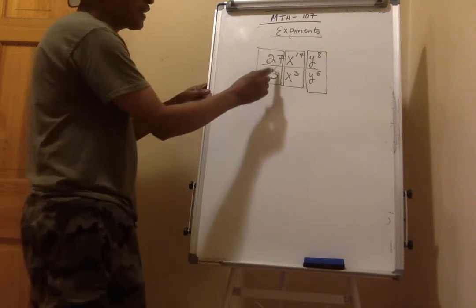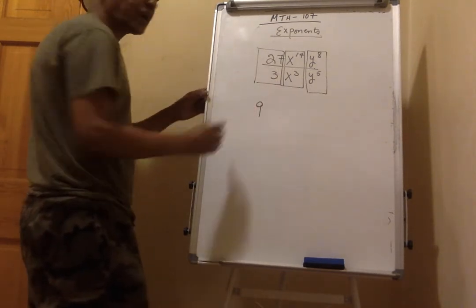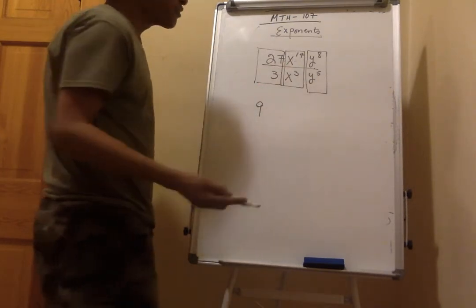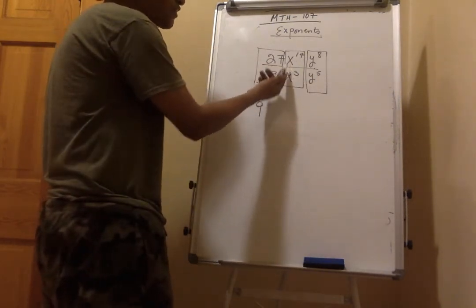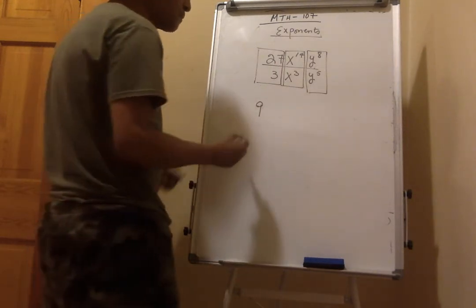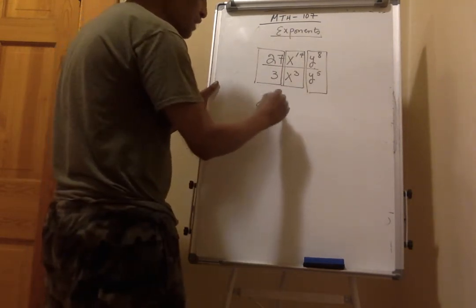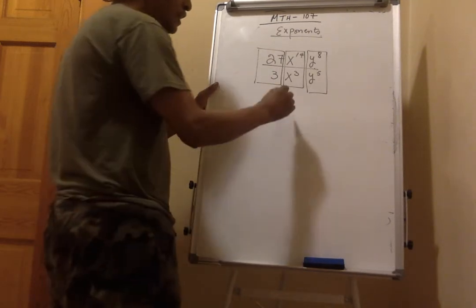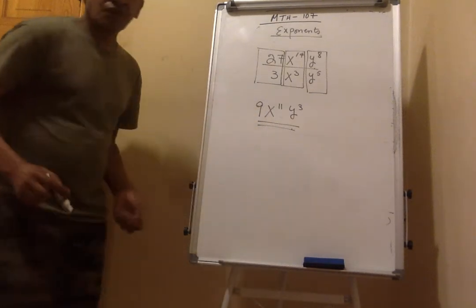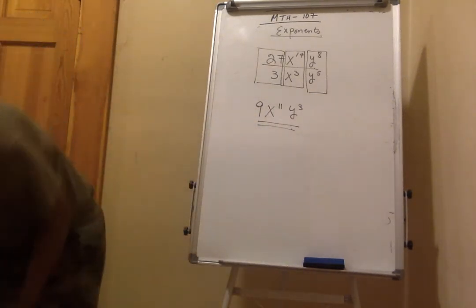If I divide 27 by 3, I get 9. For these two, I'm going to use the quotient rule. The quotient rule tells me, if I have the same base, all I need to do is subtract the denominator from the numerator. So this would be 14 minus 3 is 11, and 8 minus 5 is 3. So you have 9x to the power of 11 y to the 3rd.